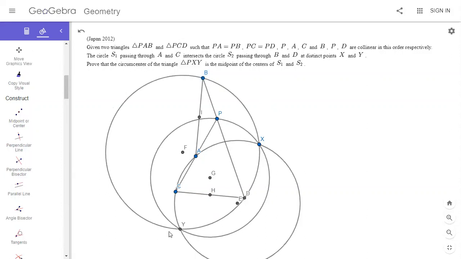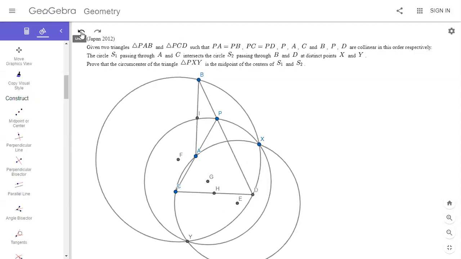So the question is triangle Y A, actually, never mind. But yeah, PH is parallel to AB, and PI is parallel to CB. Let me think about this a little bit.